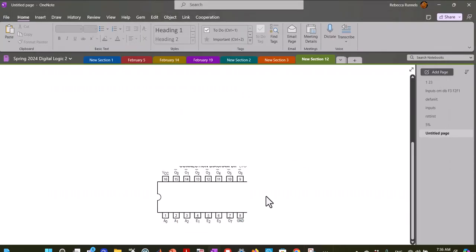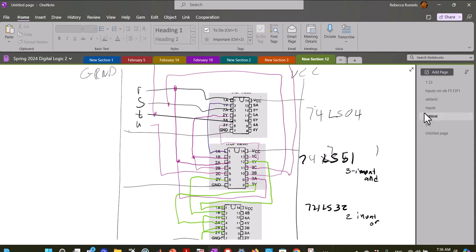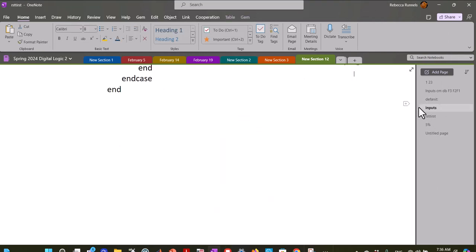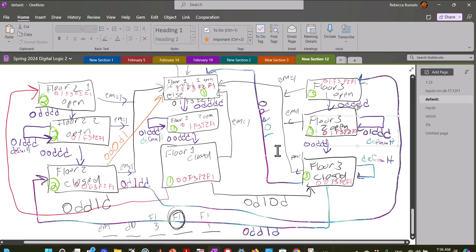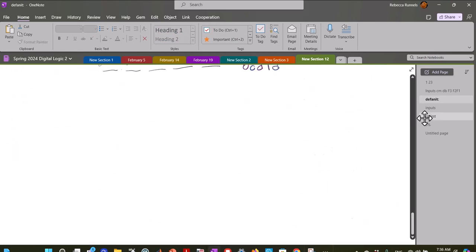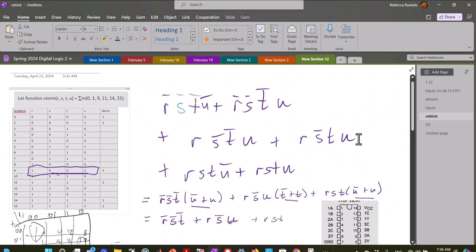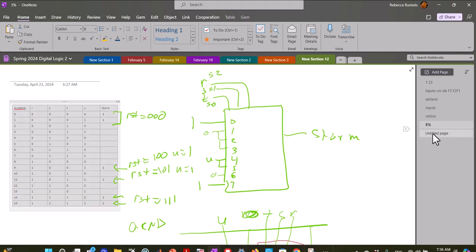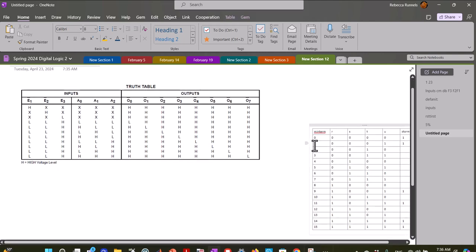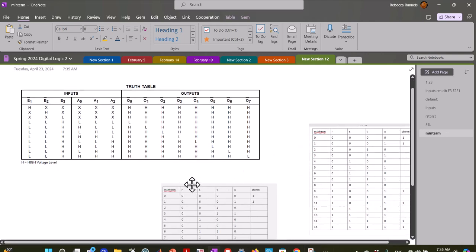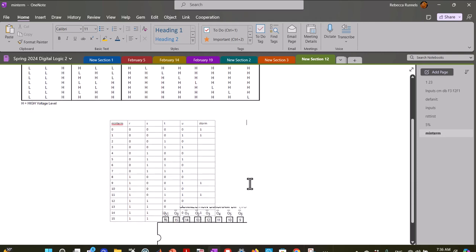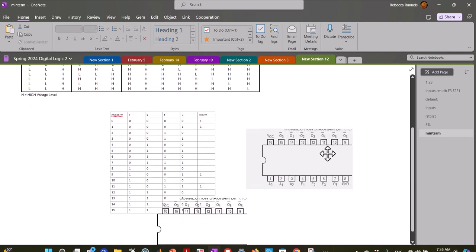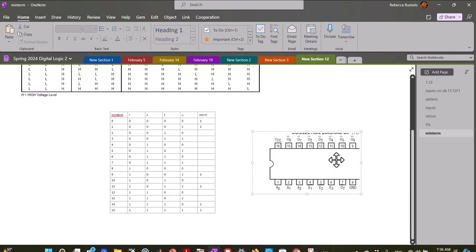Okay, and then we have our truth table that we already made. Right here. I think I copied it to this page. I did. Okay, so now let's do this as a decoder. So let's take a look at what we have.